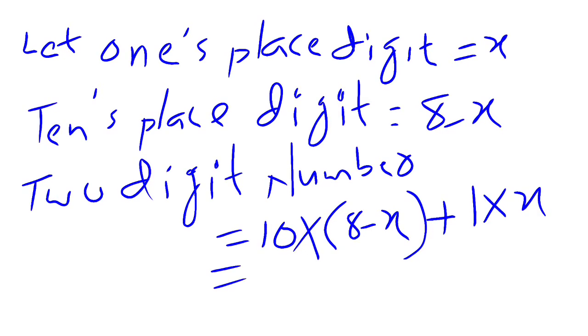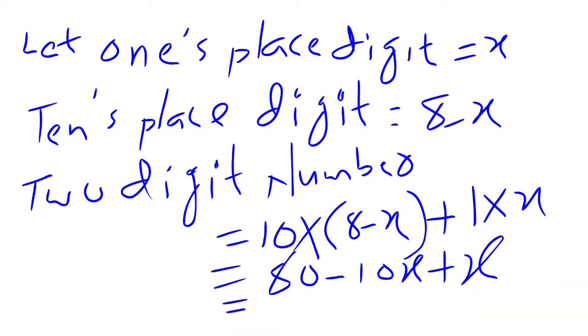Let's simplify. 10 into 8 is 80, minus 10x, plus x. So it equals 80 minus 9x.